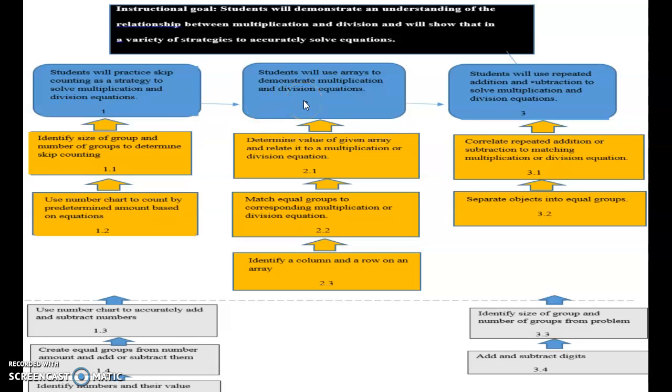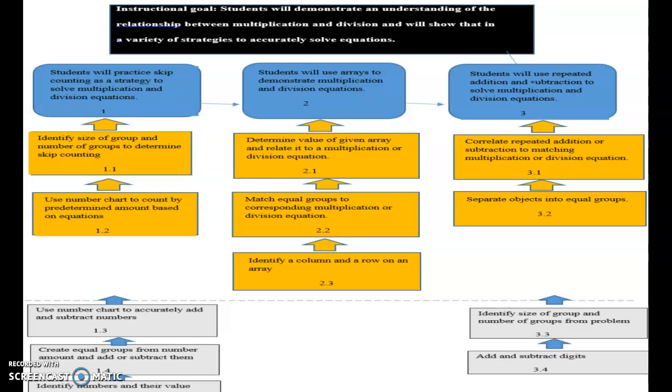The second one, students will use arrays to demonstrate multiplication and division equations. So this is just another way that they will show they can accurately solve multiplication and division, this time using arrays instead of skip counting.